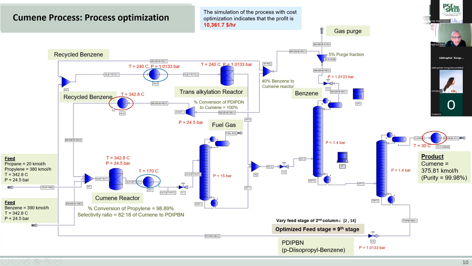In another place, we need to cool from 342 to 240. So we have heat exchangers that need cooling, and we have heat exchangers that need heating. By combining the heating and cooling, can we save energy? That's heat integration.